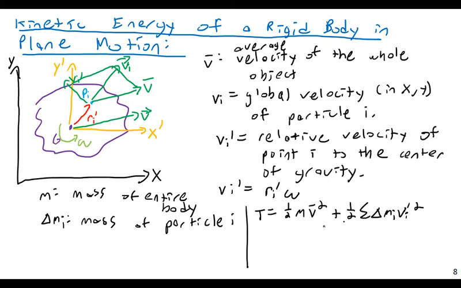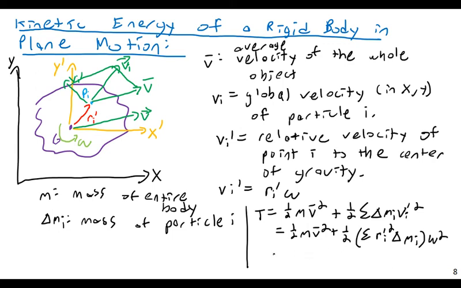Or this is equal to the same thing, 1/2 m v bar squared, plus the summation of 1/2 ri prime squared times delta mi, times omega squared.